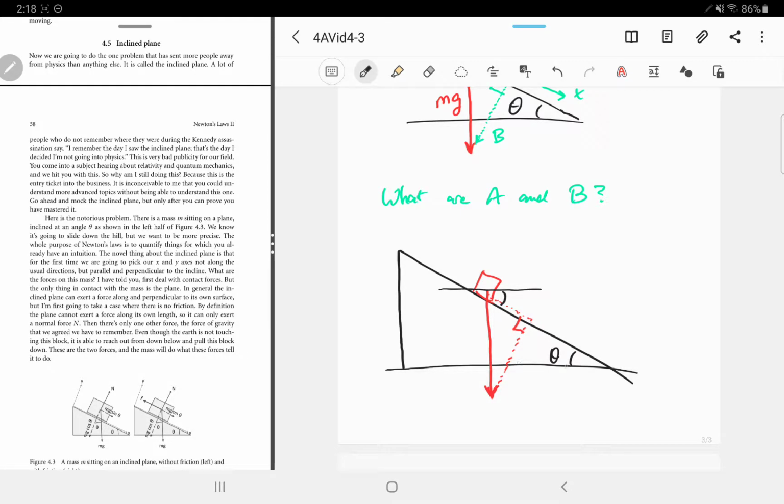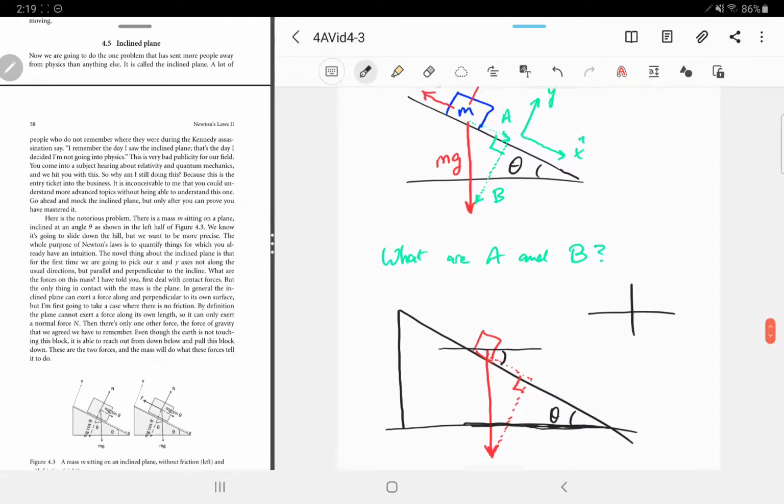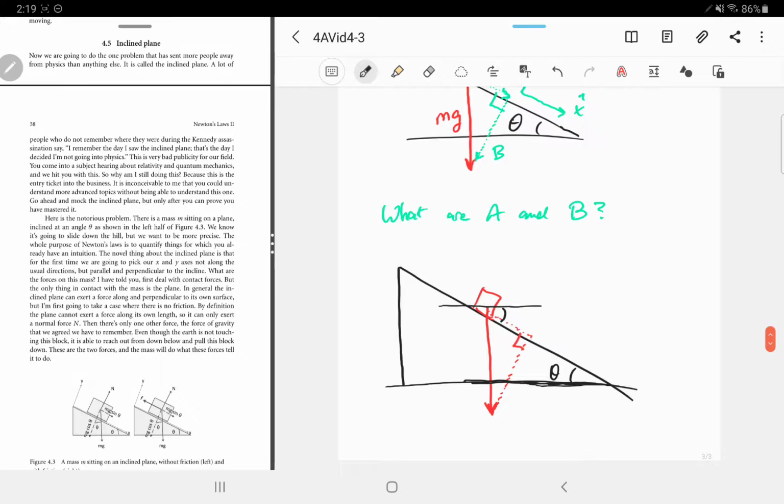Does everyone see that? We have a horizontal line right here. By the way, I'm using horizontal and vertical, and then I'll also have the x and y directions, which I wrote right here. So horizontal, vertical, x and y are different directions.